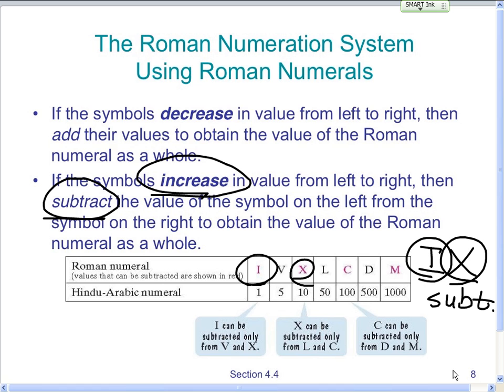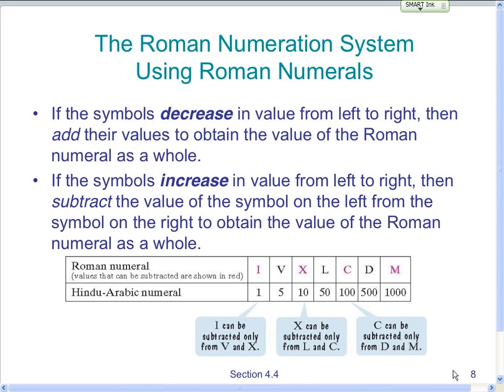So that is, and you actually got to do it in a different order, so you actually have to do 10 subtract 1 gives you 9. Okay, so as long as the numbers get smaller, it's just add them up. But if you're going this direction, then you have to subtract. And if you're subtracting, it's going to be the number immediately to the right.